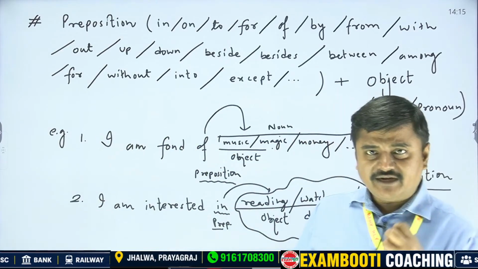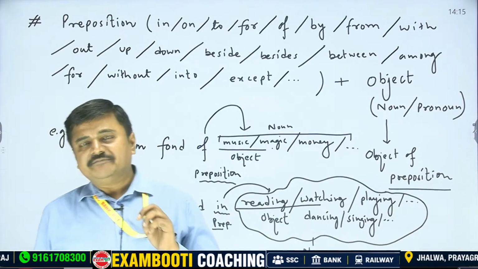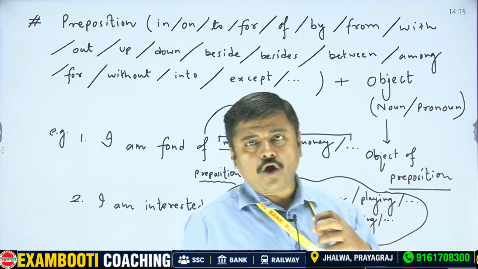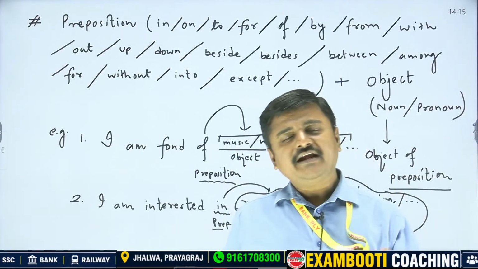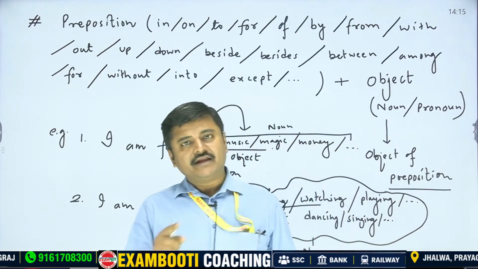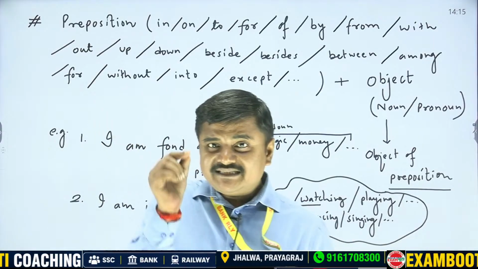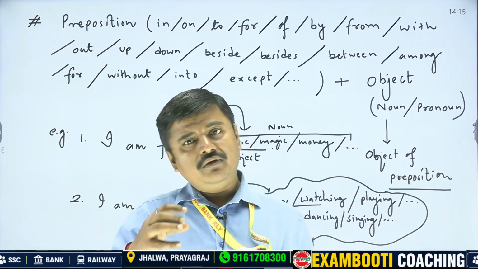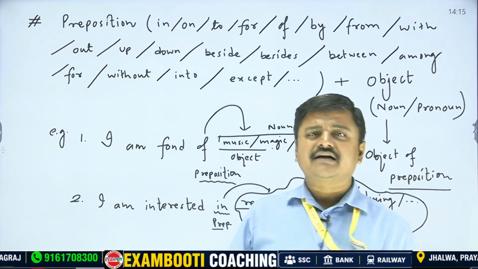So I believe that now you have a very clear picture that there can be an object in 2 different places. You can find an object after a verb, and you can find an object after a preposition. This is the main thing to keep in mind, because most of the students are confused.